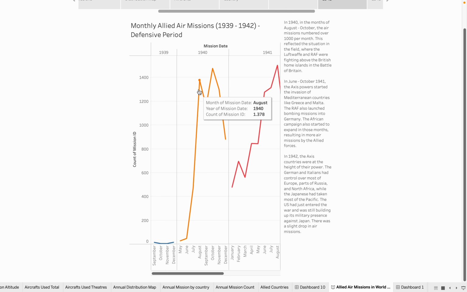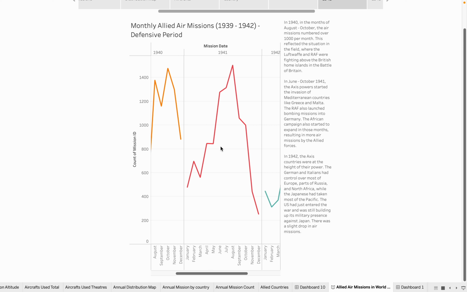They were averaging more than 1,000 missions from August till October of 1940. That was when the Luftwaffe and the Royal Air Force were fighting over the skies of Britain, over English airspace. And in 1941, it peaked again, at more than 1,000 missions per month from June until October 1941.